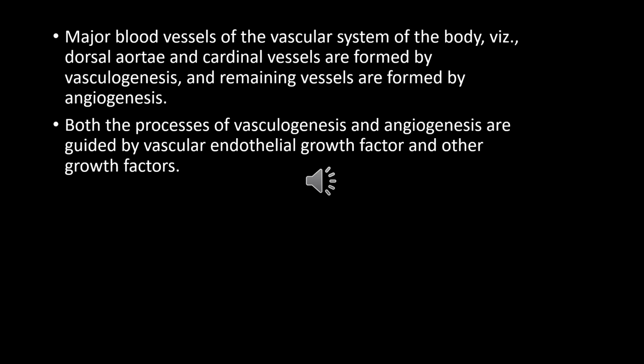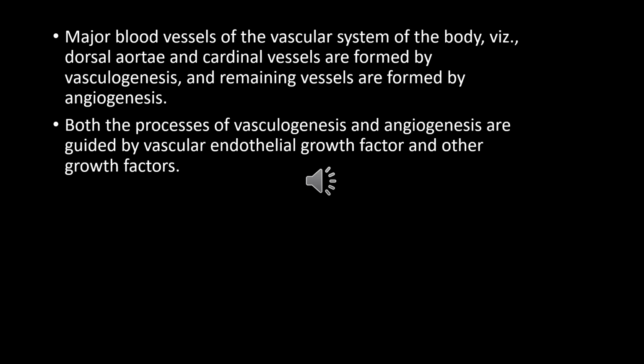They take the first process, that is the vasculogenesis. They are the blood vessels which are formed first, and the rest, whether the branches or tributaries, as the case may be, they will be formed by angiogenesis.